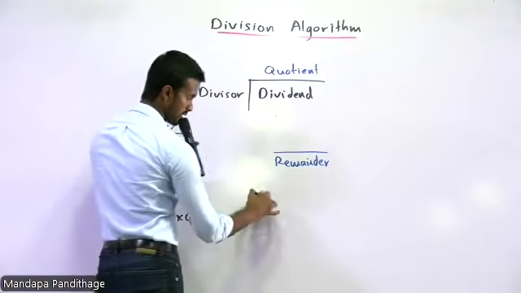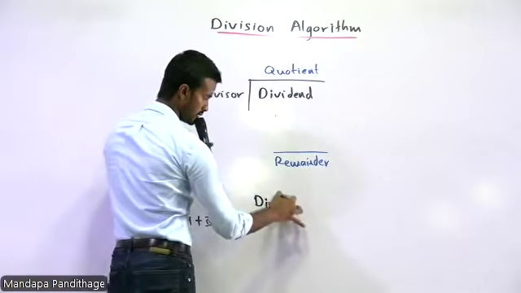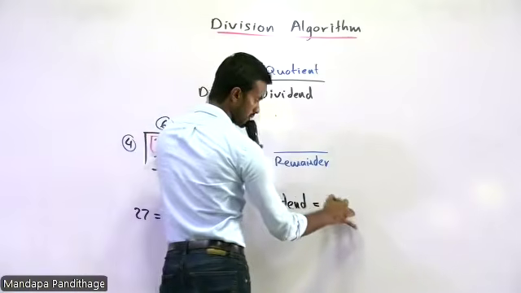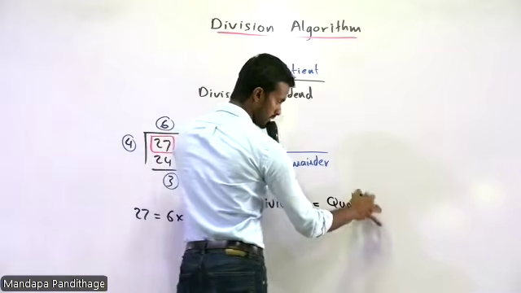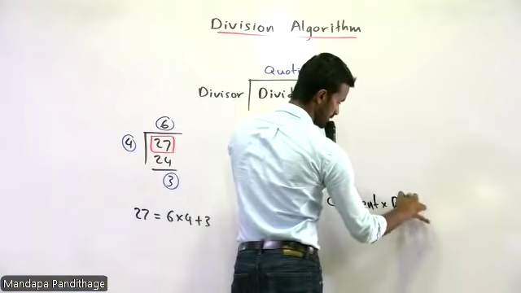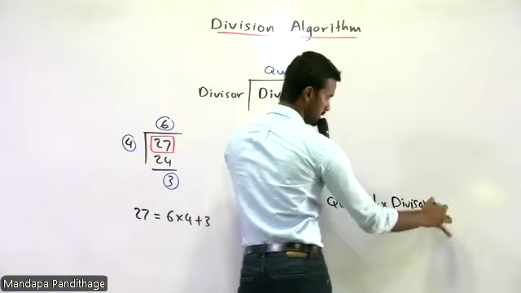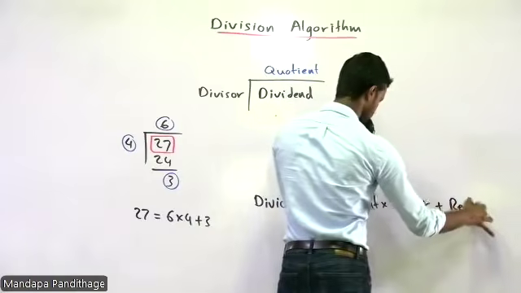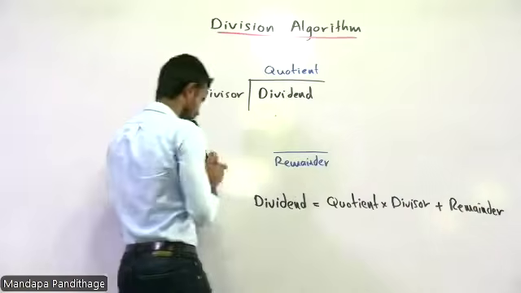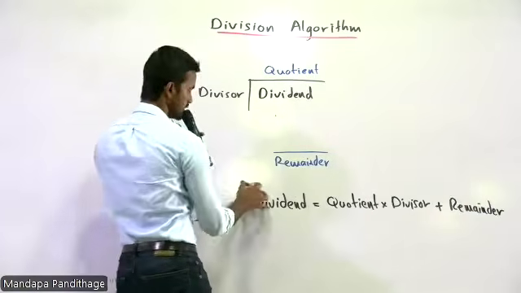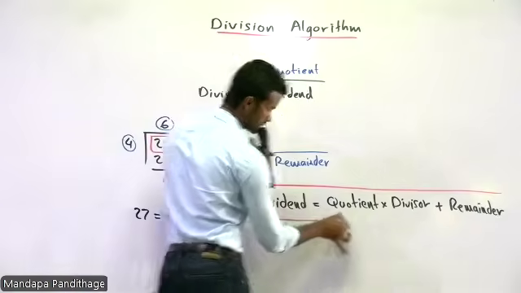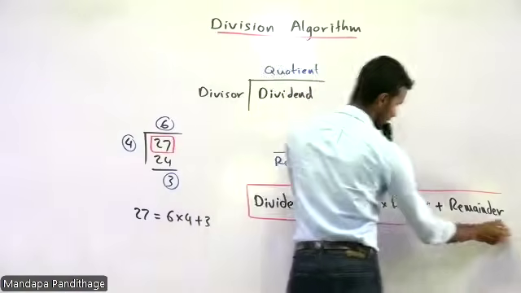The dividend of a polynomial is equal to the quotient into divisor plus the remainder. Clear? Dividend is equal to the quotient into the divisor plus remainder. This is what we termed as the division algorithm.